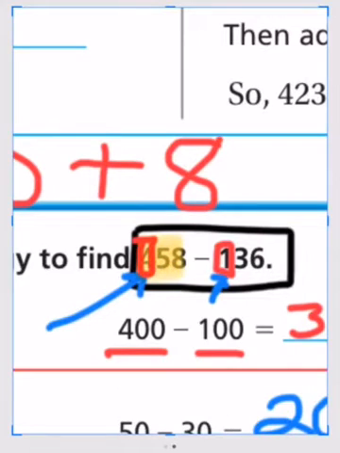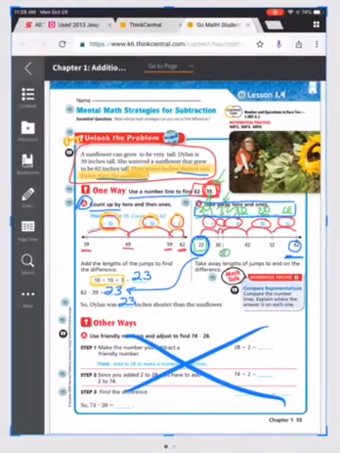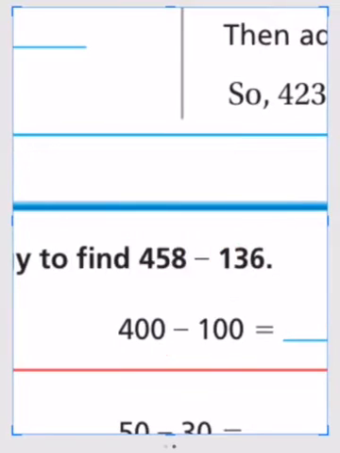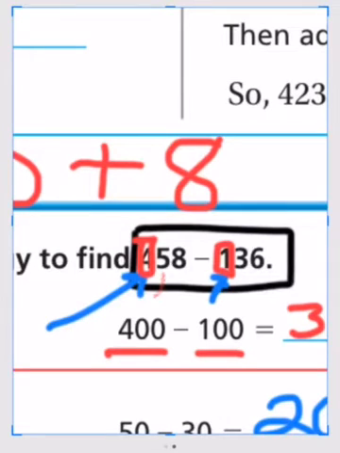The 5 tens right here is bigger than the 3 tens. And finally, the ones column, the 8 ones from the big number is still bigger than the 6 ones in the small number. So it only works in that case.